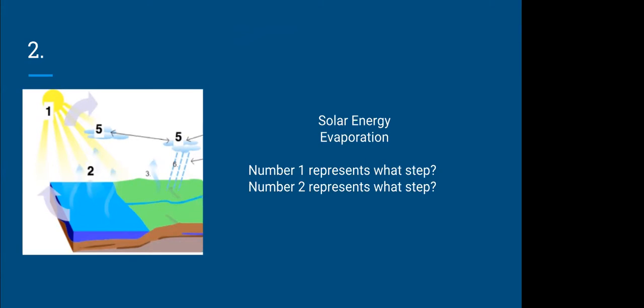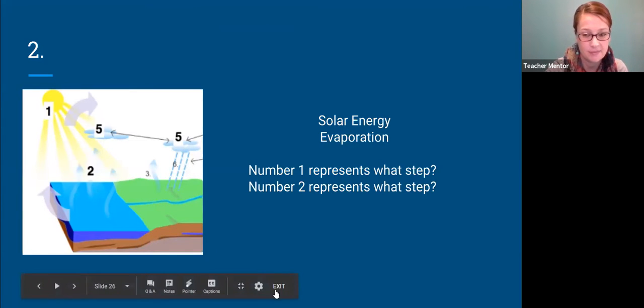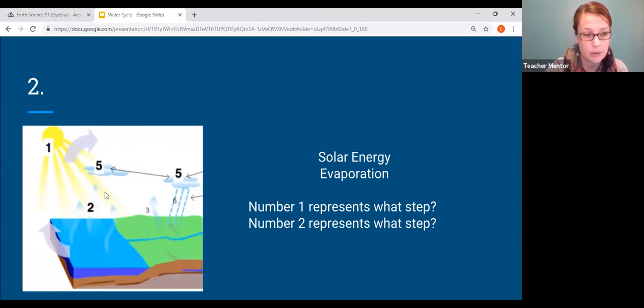Because it's energy from the sun as opposed to coming up from the earth. Okay, very good. Exactly. Solar means sun. And so number 1 is right on the sun, so giving us the idea that it's solar energy. And then number 2 represents evaporation. So again, we have the sun's energy warming those molecules in the body of water and causing them to speed up and then enter the atmosphere. Awesome. Thank you for your help.